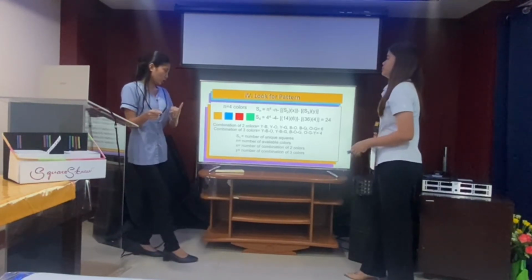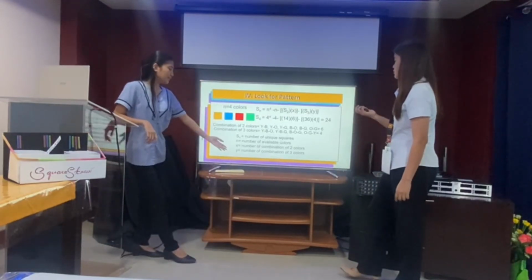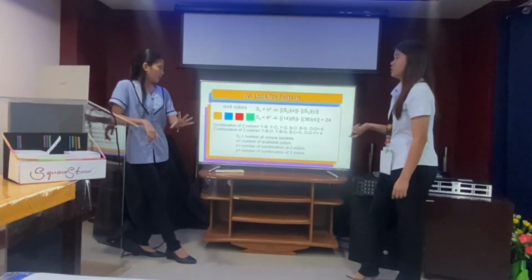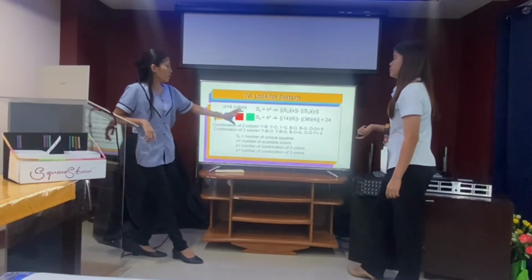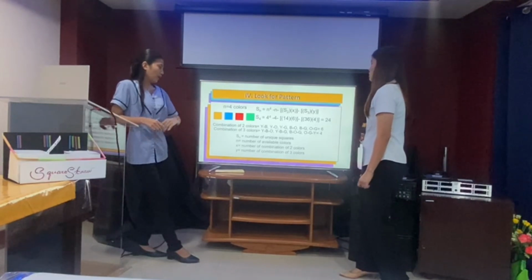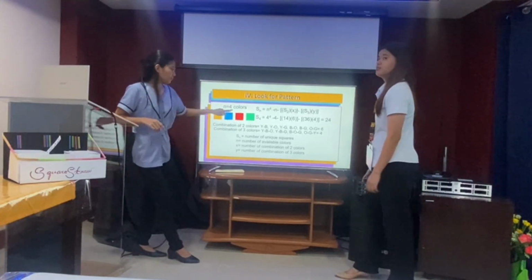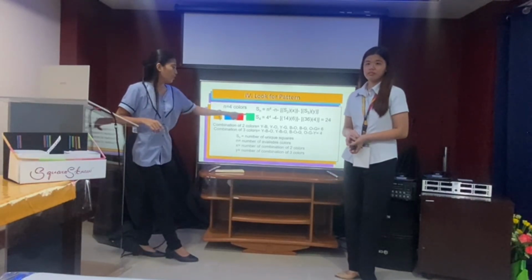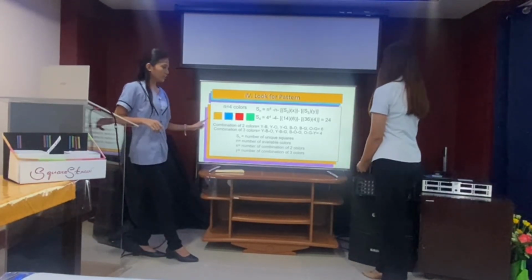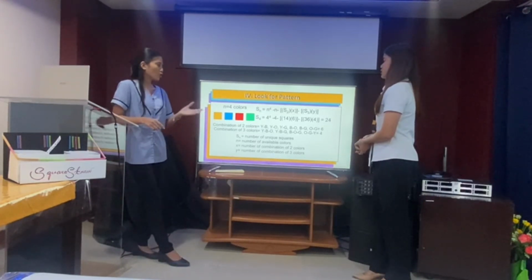So we have 6, so 14 times 6. And the y is the number of combinations of 3 colors. From these available colors, we will have 4 combinations of 3 colors: yellow, blue, orange; yellow, blue, green; blue, orange, green; and orange, green, yellow. So we have 4. So we got 24 squares.